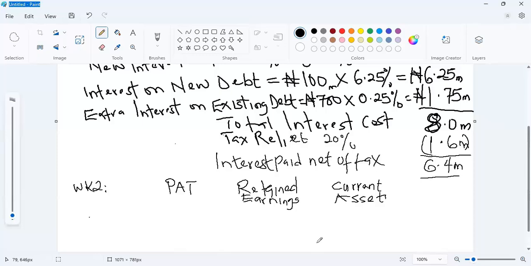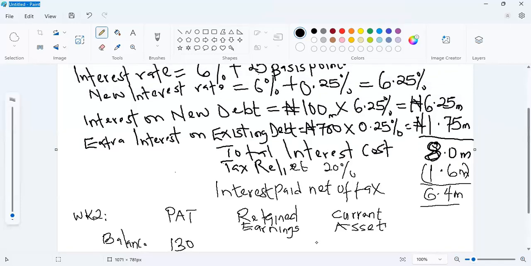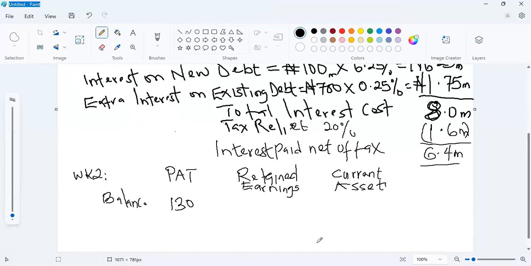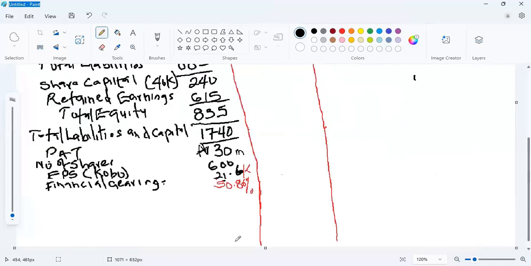I will now come here. The balance before. This is 130 million. Let's go to these statements. Our profit after tax is 130 million.